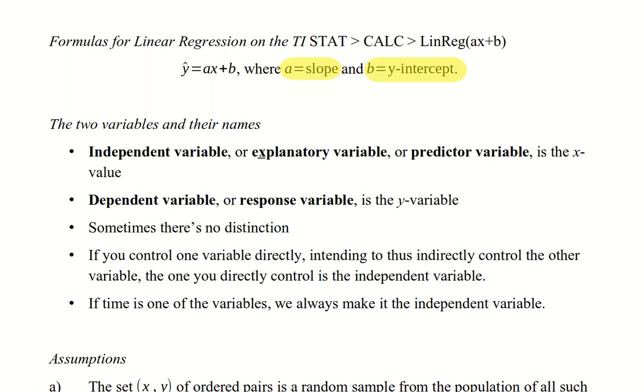The moment that you use your calculator, instead of writing down A equals and B equals, because half the time A is the slope and half the time it isn't, I would immediately plug it into the formula that your calculator gives you. So when we're using the command linear regression and asking it for the line AX plus B, immediately write down what A and B's role is. So in here, AX plus B.